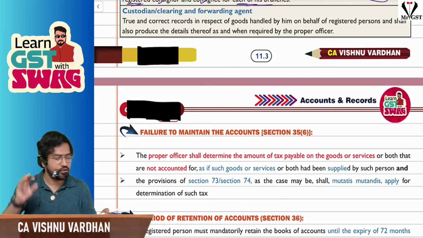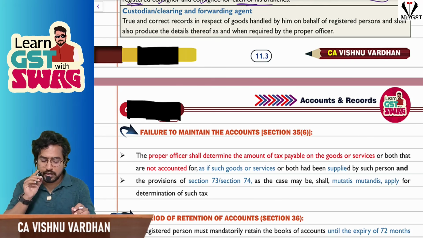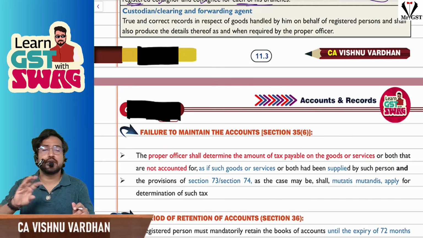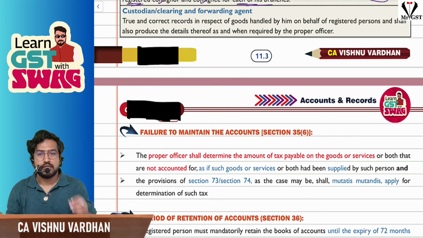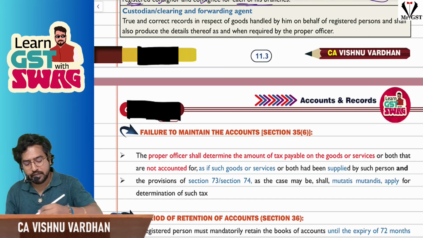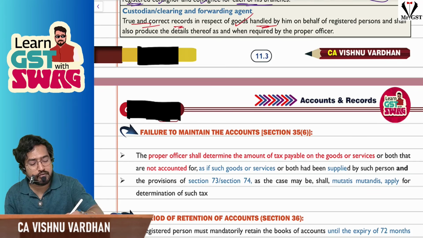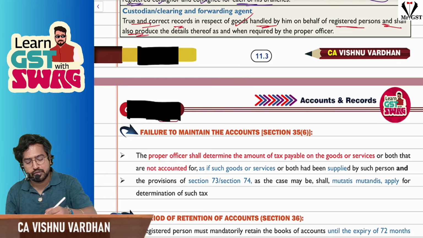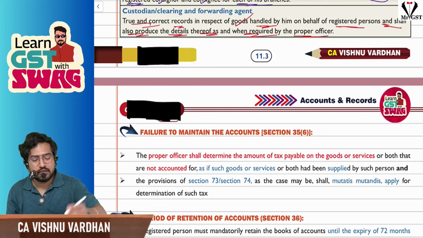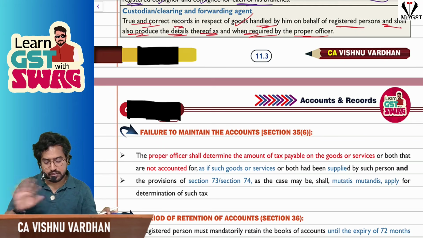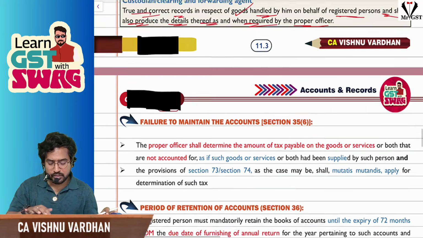So that fellow is called custodian or clearing and forwarding agent, or we can also call them customs house agents. They should maintain true and correct records in respect of goods handled by him on behalf of the registered person, and shall also produce the details thereof as and when required by the proper officer. Okay, so now coming to the next one.